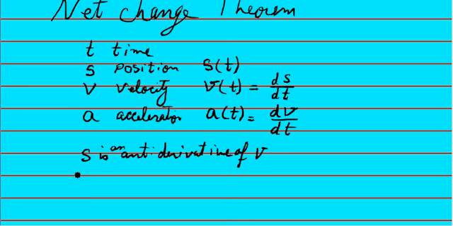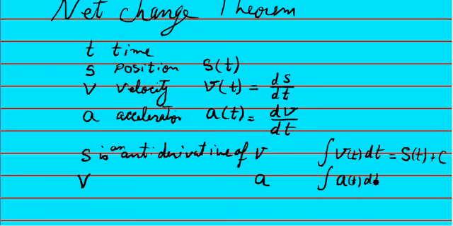In a similar fashion, velocity is antiderivative of acceleration. How can I indicate that? For example, velocity, if I calculate its antiderivative, I'm going to get the position. If I have acceleration and take the antiderivative of that, I'm going to get velocity.